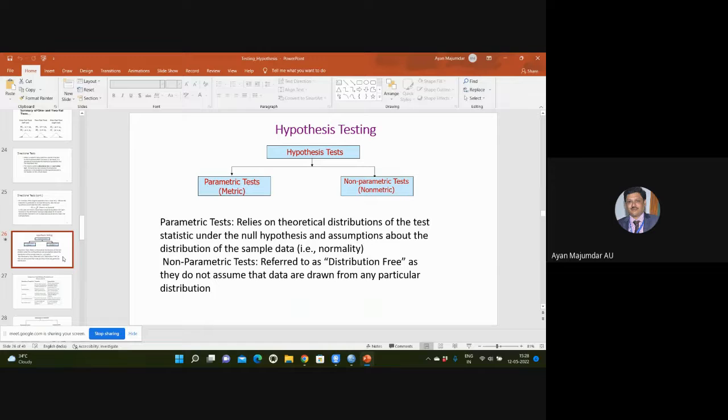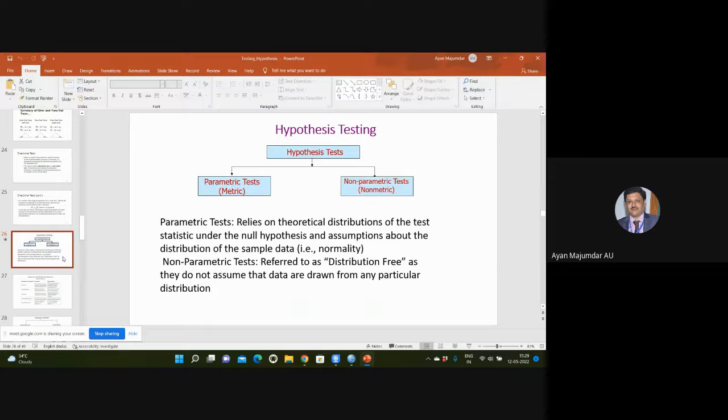Now, hypothesis testing basically is of two types: parametric test and non-parametric test. The parametric test generally assumes that the distribution of the sample is normal, that is the normality condition. But the non-parametric test is distribution free.